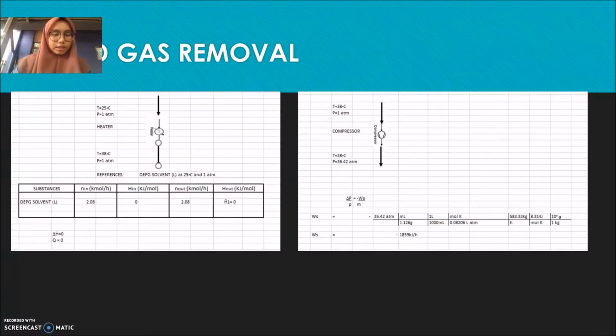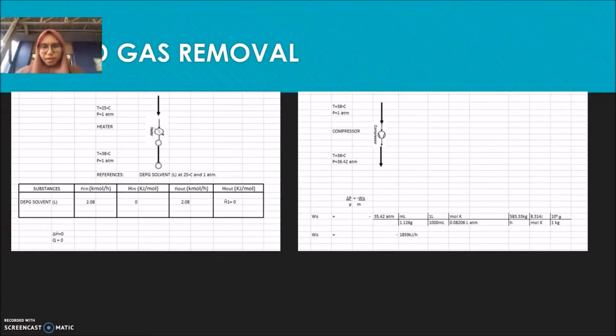For this equipment, we assume Q equal to 0, and the specific enthalpy and enthalpy calculated equal 0. After the heater, the DEPG solvent will enter a compressor, which increases its pressure to 36.42 atm from 1 atm.